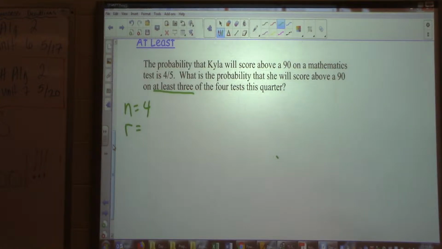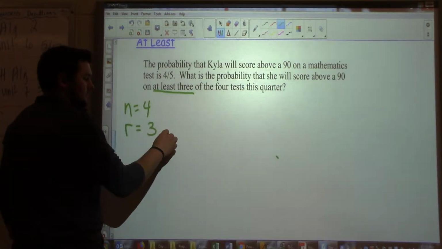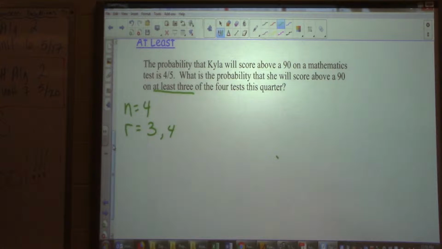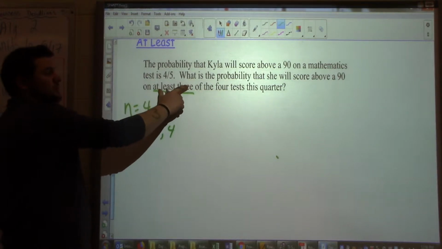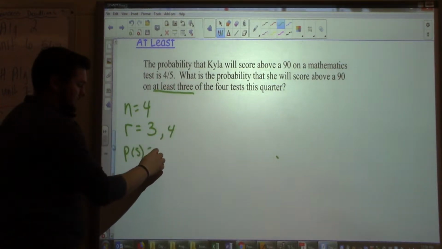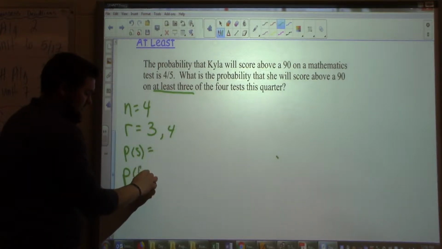What could r be? 3 or greater. So it could be 3, but it can also be 4, right? If she scores on 4 out of 4, that still satisfies what we want. So it says at least, we want 3 or greater, so 3 or 4. Probability of success stays the same. Probability of failure stays the same.